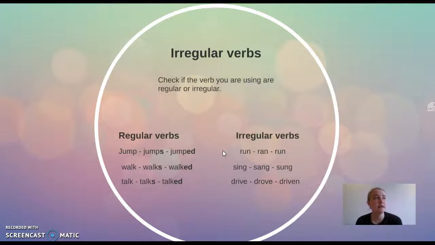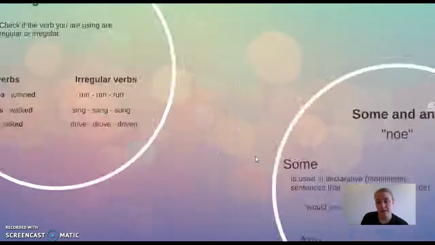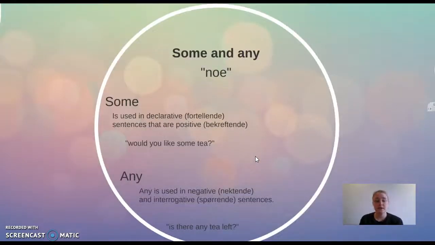This is just something we have to learn. So I want you to look at whether you've tried to, for example, conjugate run to runned, because it's not right. I have marked out some of it, but I want you to look closely at the verbs you're using too. The next one we're going to look at is the use of some and any.